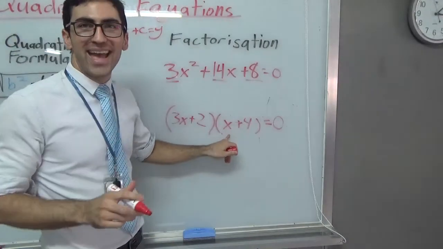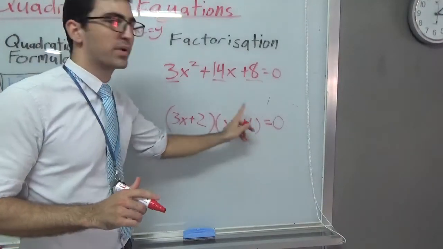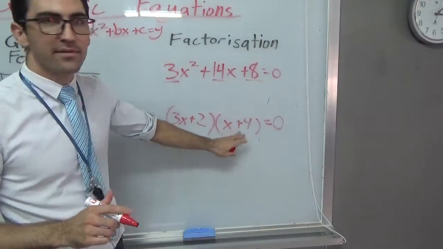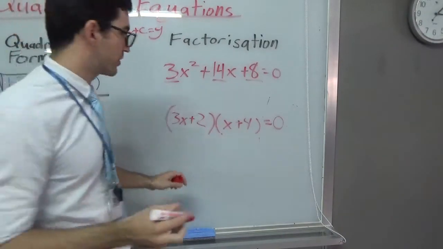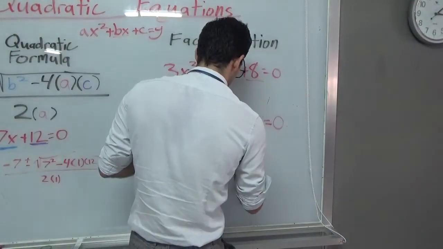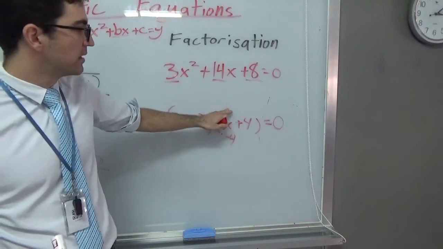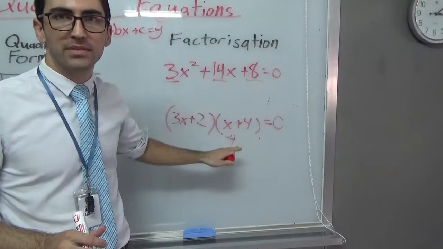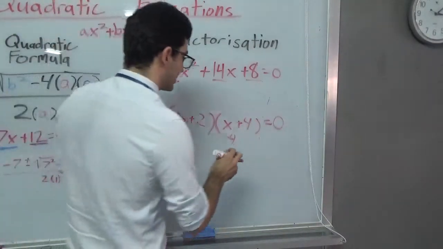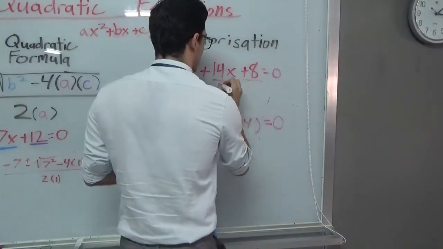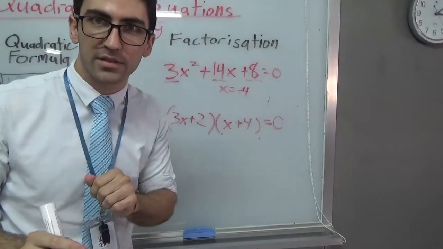So what value of x in our right bracket would make this whole bracket become 0? Well, since we have a positive 4, the opposite of that will be negative 4. So if we have a negative 4 for x, then we know that this whole bracket becomes 0 and our equation becomes true. So we have x equals negative 4. This is one of our correct solutions.